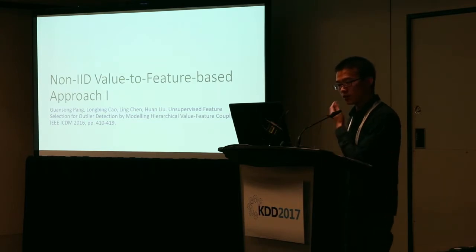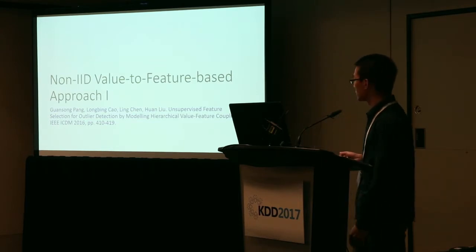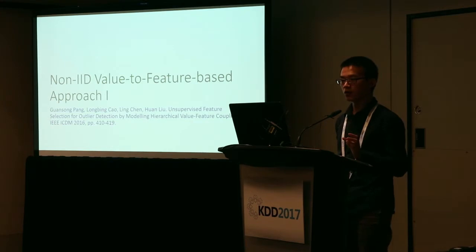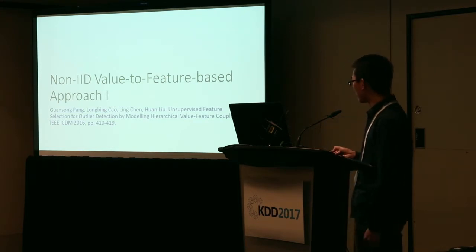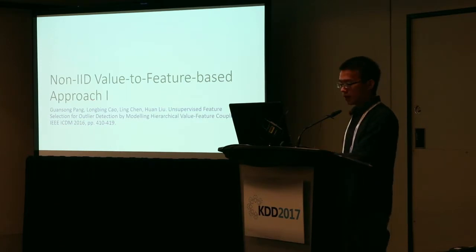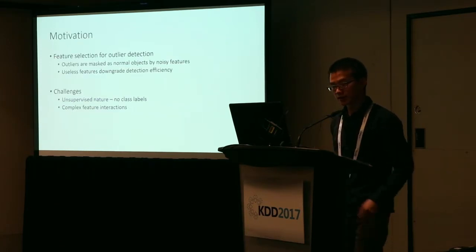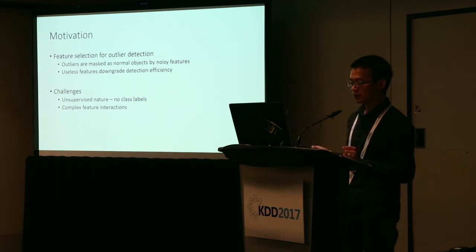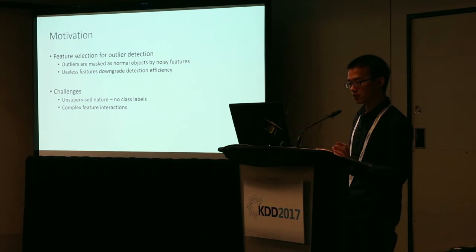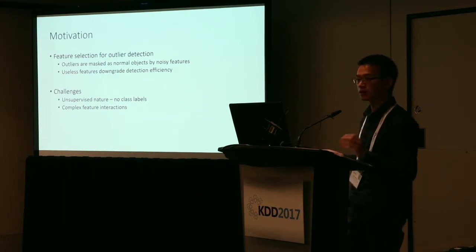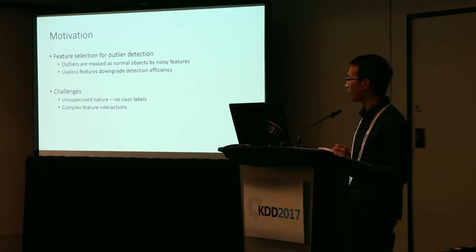Then another piece of work is specifically focusing on feature selection, but this feature selection is for outlier detection. Feature selection for outlier detection is a very special problem. You may search on Google Scholar; there has been very limited work from this perspective.